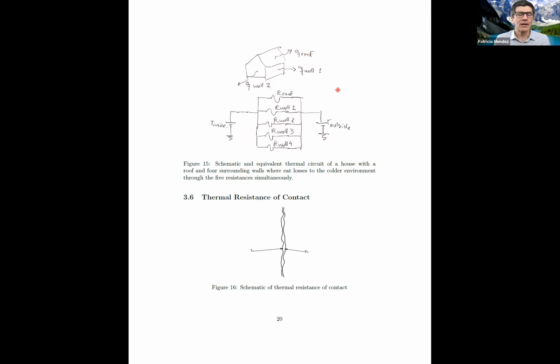Now, we were talking about a wall. So let's talk about a real house that has walls all over the place. Let's talk about a simple case, which I'm just going to make the circuit. We have the temperature inside your house, and you have the temperature outside the house. And here the heat is going in parallel ways simultaneously through wall 1, wall 2, wall 3, wall 4, leaving through the roof.